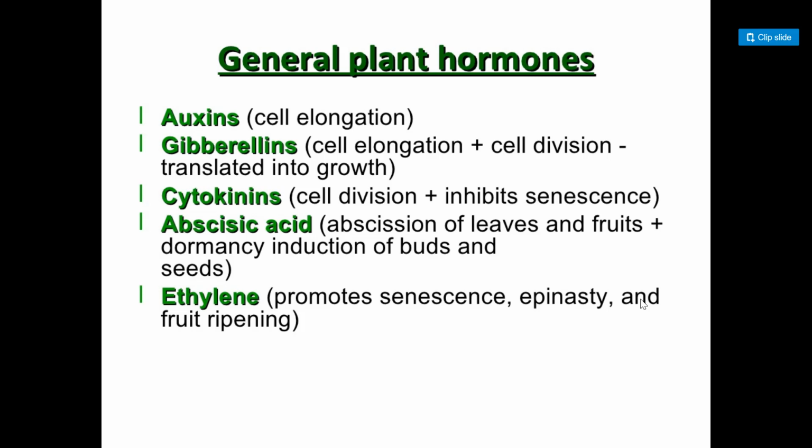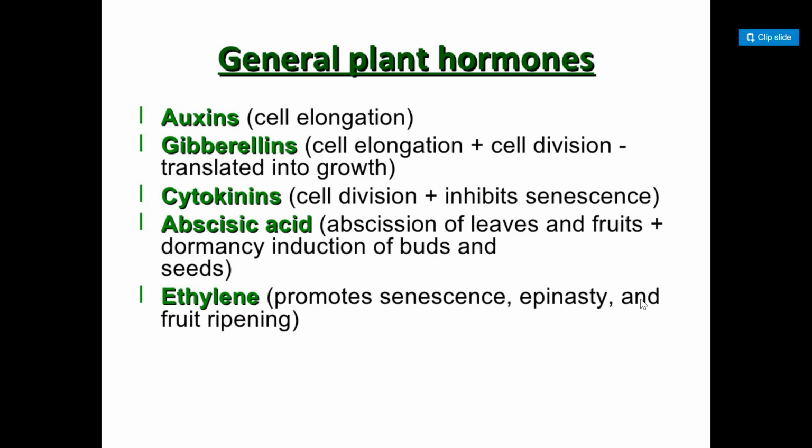What you need from chapter 39 to prepare for the AP exam is to remind yourself that plants are living organisms. And as multicellular living organisms, they need to be able to communicate. Cells have to communicate. And they communicate in similar ways to animals, but with plant-specific hormones.